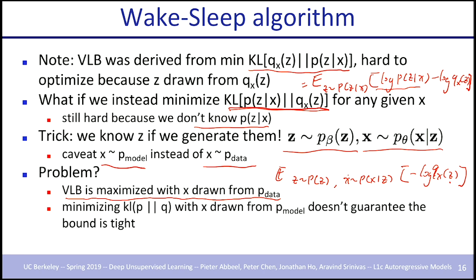So it's not totally intuitive, but it's a theorem called the law of the unconscious statistician, or something like that. It basically just means this is equivalent to z drawn from prior, and then x drawn from conditional, and then another z prime drawn from the true posterior. And then you evaluate the term under z prime. And these two things would be equivalent.